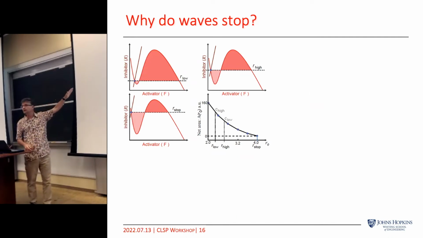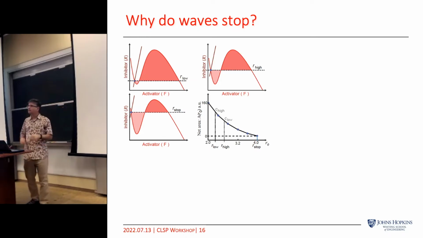At the top left, the intersection has very little negative area, so that wave is going to move very quickly. If I change the level of inhibition so that the dotted line moves up, you're going to have a slower wave, and eventually you could have a negative wave.